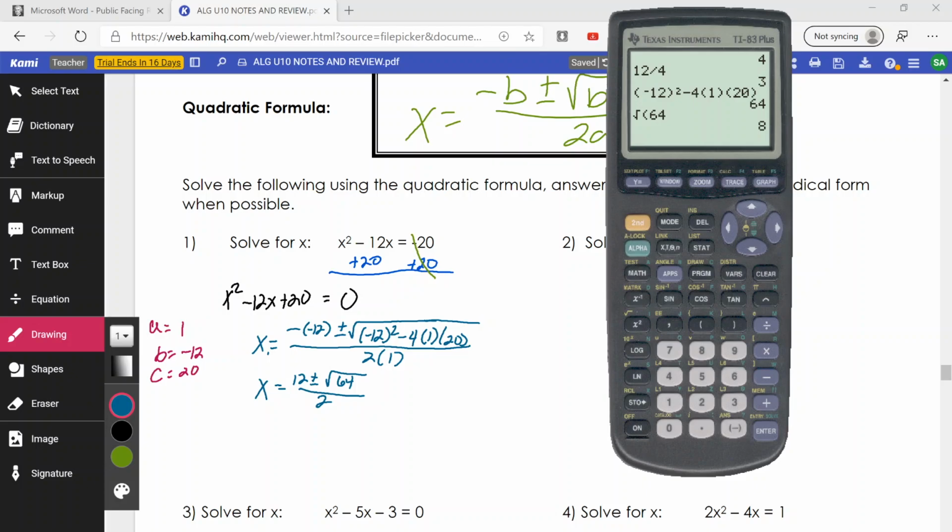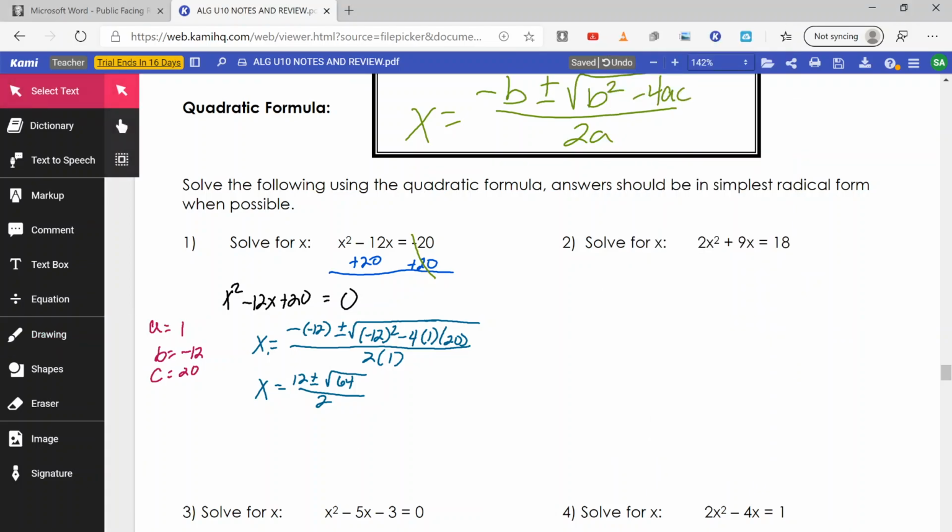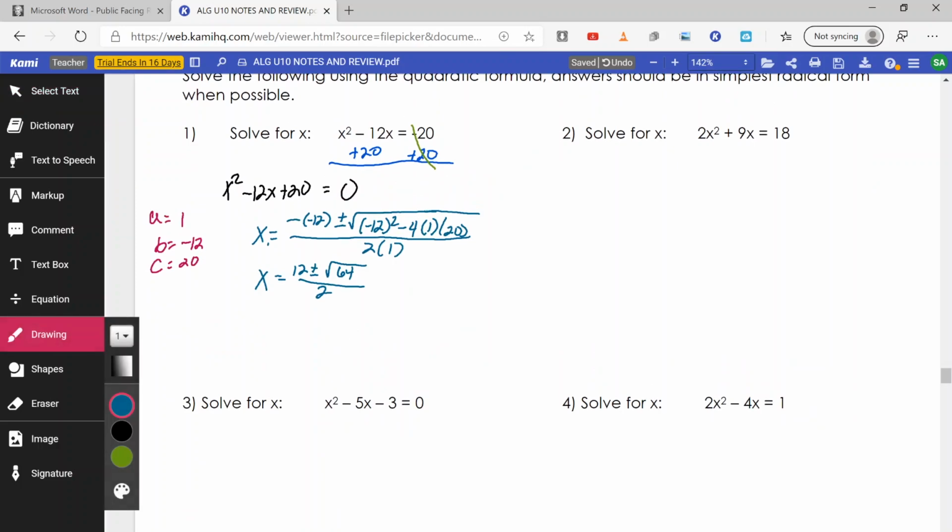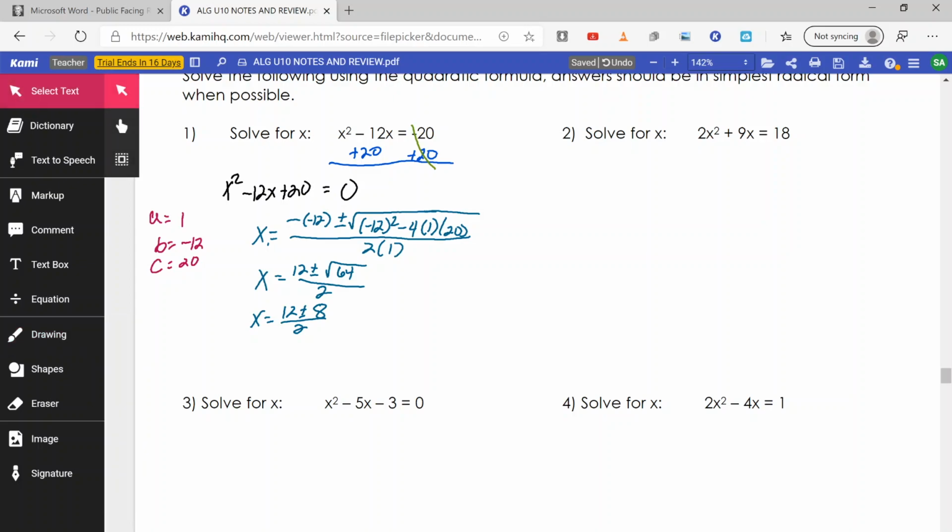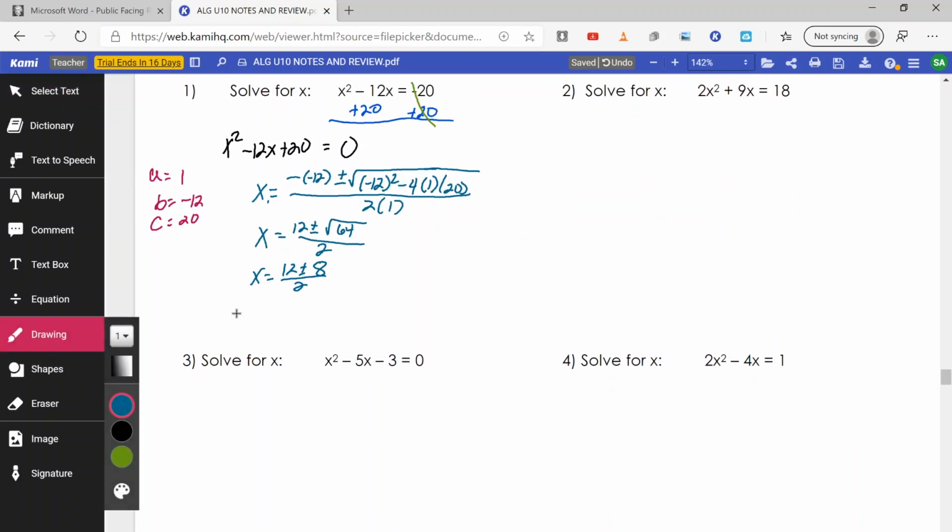So instead of 12 plus and minus the square root of 64, it's now going to be x equals 12 plus and minus 8 over 2. Now because I can divide both numbers by 2, I end up with x equals 6 plus and minus 4.